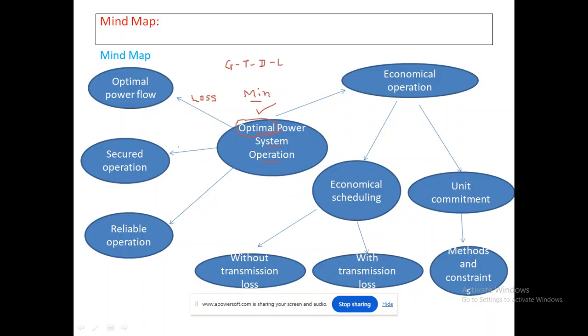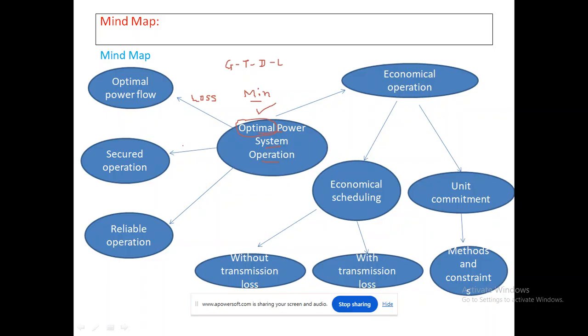The second objective here may be secured operation. I want to operate my power system optimally, and the aim is to have secured operation. Secured operation we will discuss later in unit 6. There are different states of operation like normal state, alert state, emergency state, restorative state, and so on.